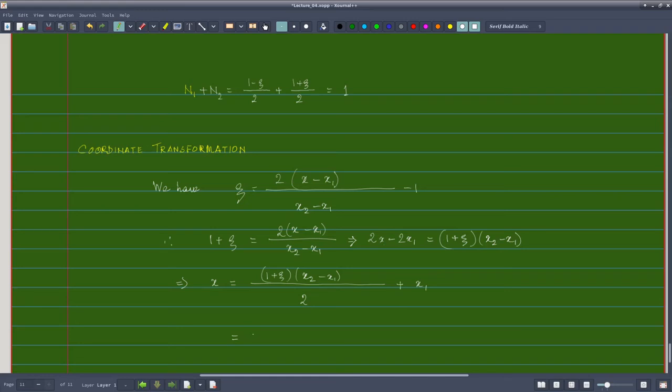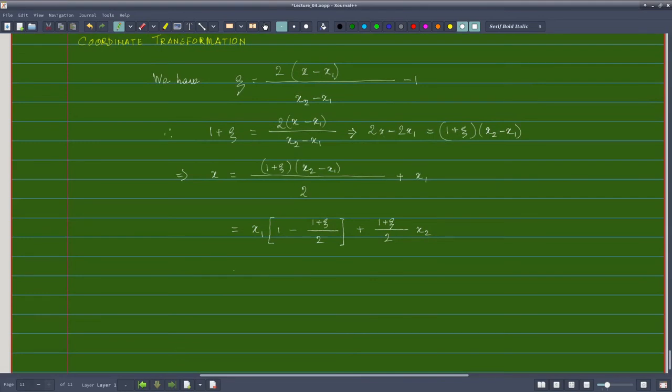So I have therefore x equal to x1 times 1 minus 1 plus xi by 2, and plus 1 plus xi by 2 into x2.